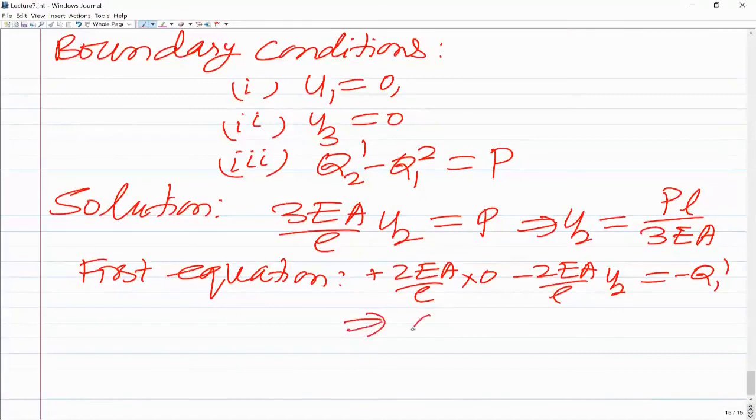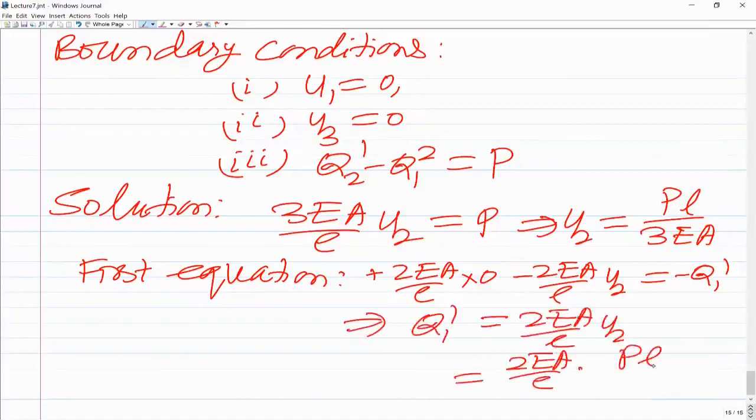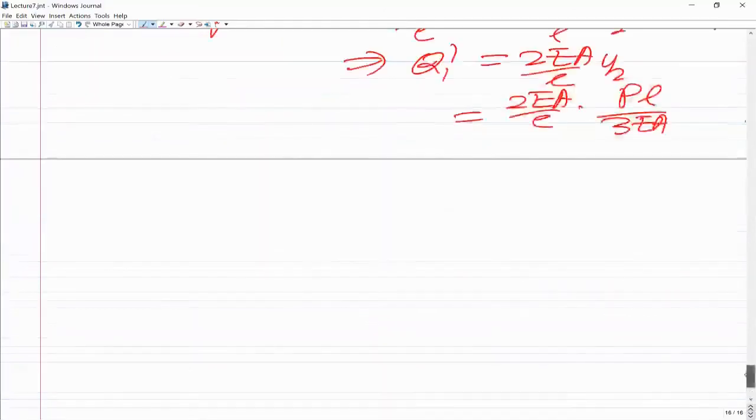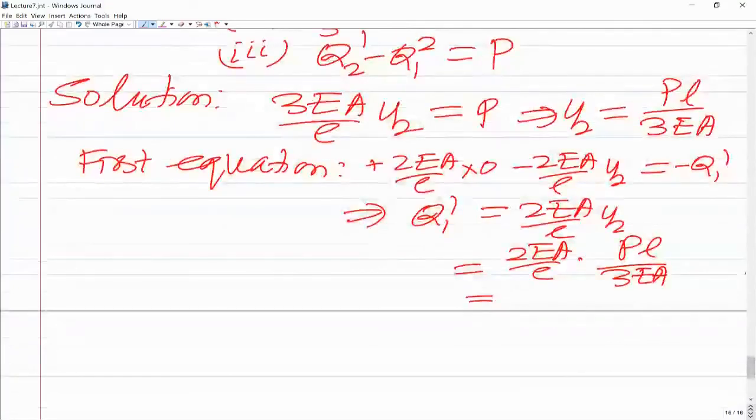So you will see we get q11 is equal to 2EA by L into u2, which is PL upon 3EA. So this q11, which is the reaction at the left end, comes out as 2P by 3.